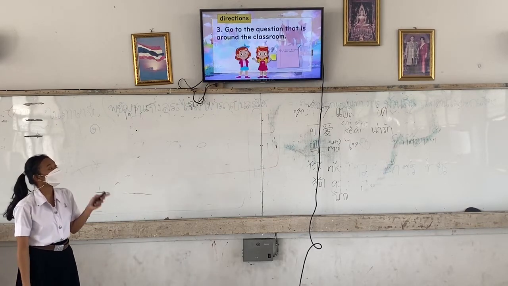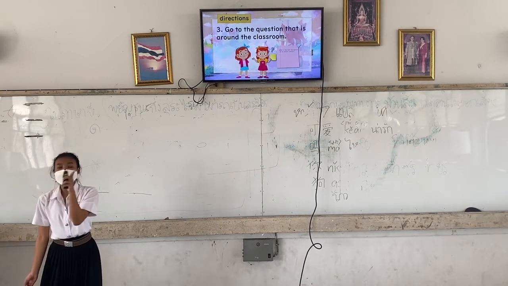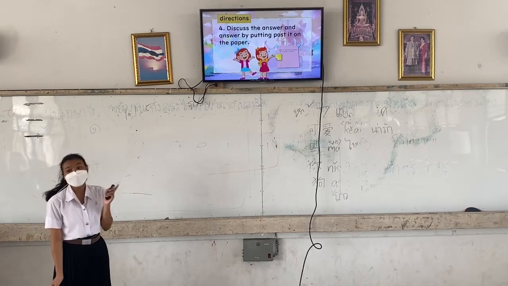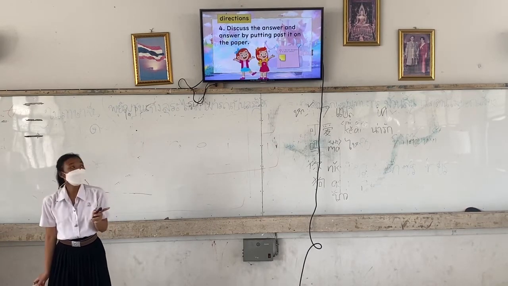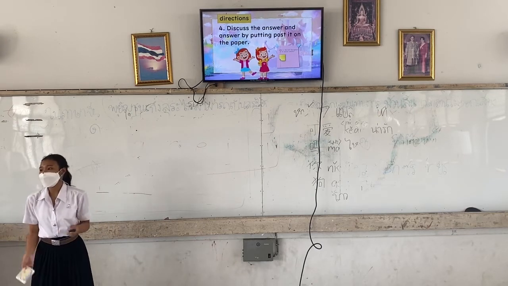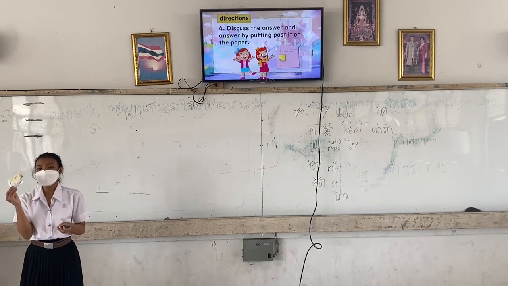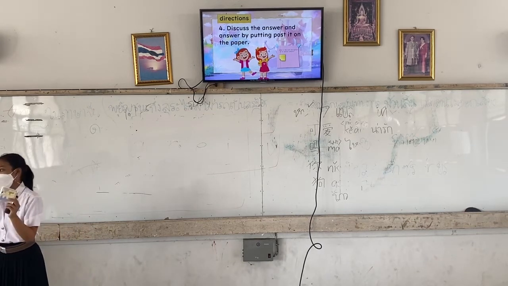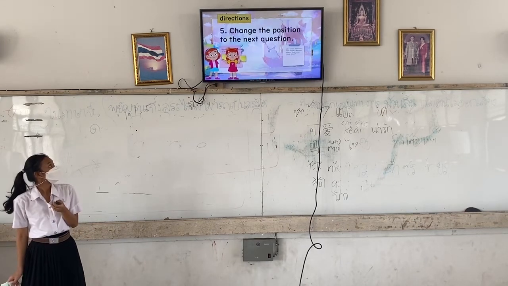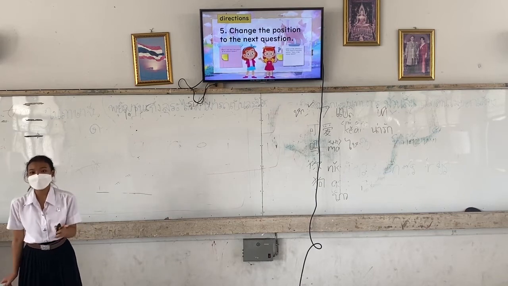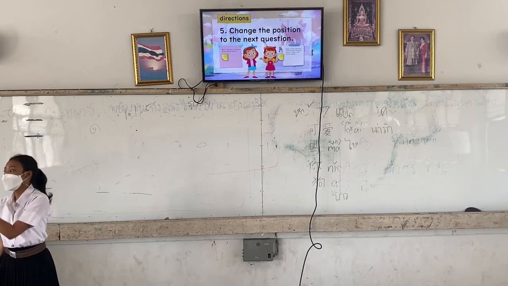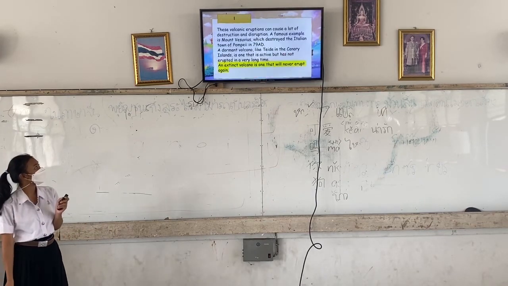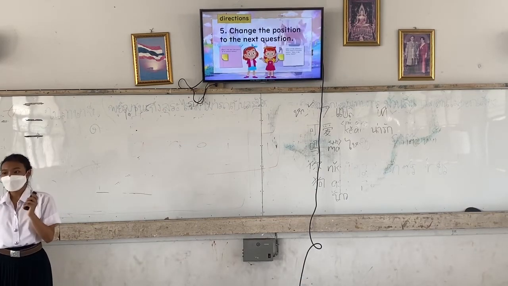And then you go to the question and you discuss with your friends, and you answer by writing on the post-it. And then you post it on the paper. And you change position to the next question. Okay.